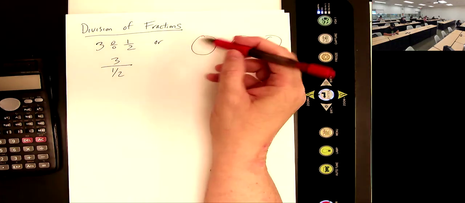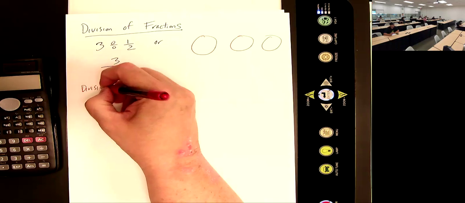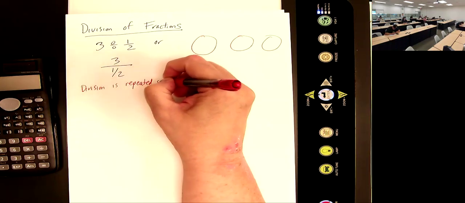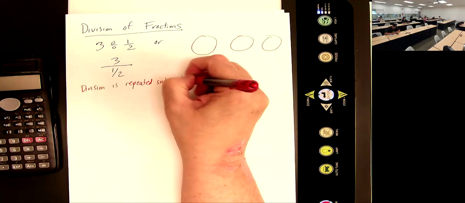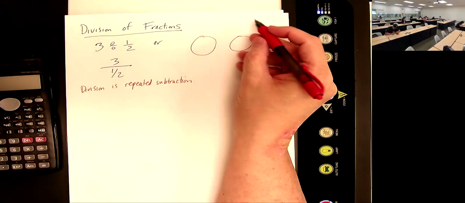We're going, okay, so division is repeated subtraction, which I don't think anyone explained to me until I was becoming a teacher. Which is weird. How do you explain division to somebody? It's like, how many times can I subtract 1/2?